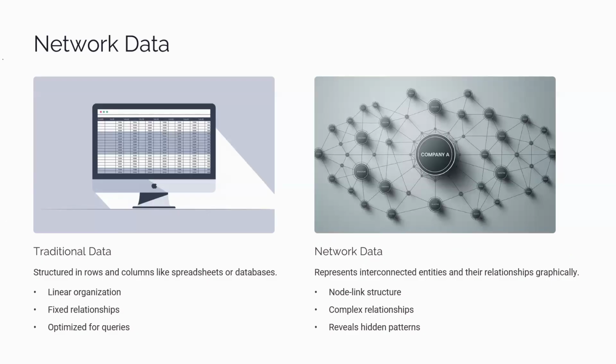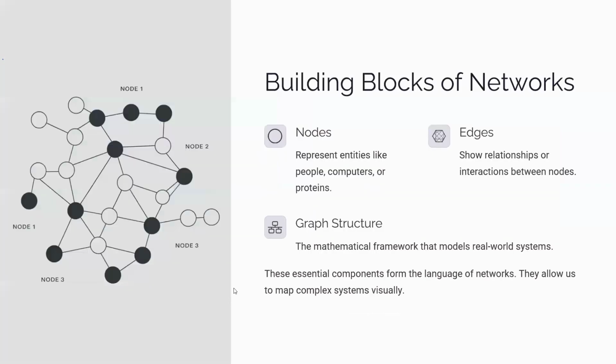In order to understand this network data, we have to understand its components. For any network data, the default elements are nodes and edges. Every network contains these standard elements. Nodes represent people in social media, for example.